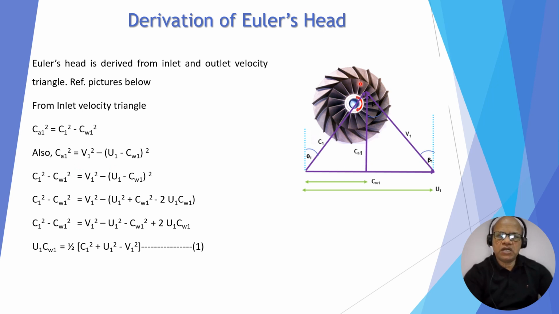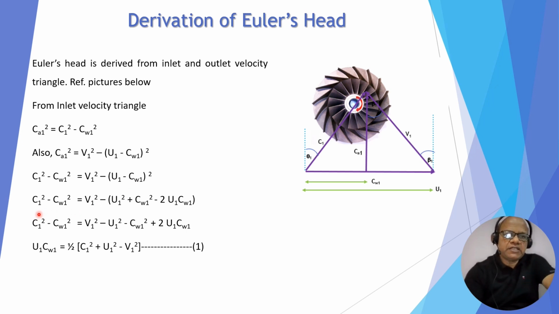And also on the other side of the triangle, CA1 squared is equal to V1 squared minus this portion, that means (U1 minus CW1) to the power 2. So both are the same, so we can write C1 squared minus CW1 squared is equal to V1 squared minus (U1 minus CW1) to the power 2.